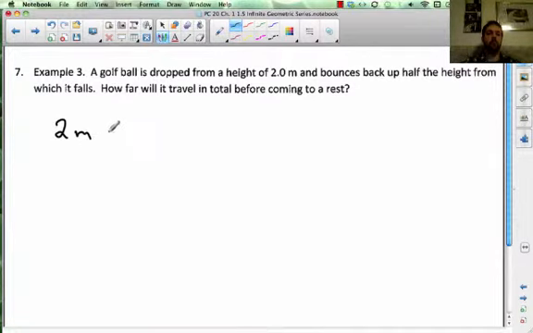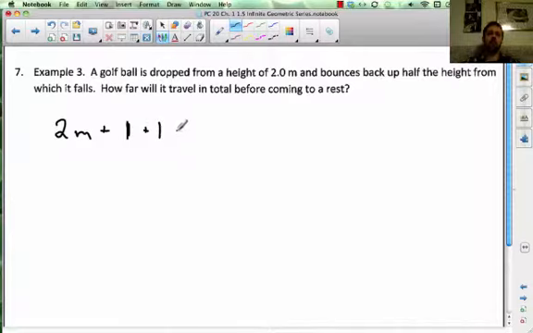Now, before it strikes the ground again, it's going to bounce up to half of its original height, and it will bounce back up to 1 meter. But then it's got to travel all the way back down to the ground, so it will travel another 1 meter.